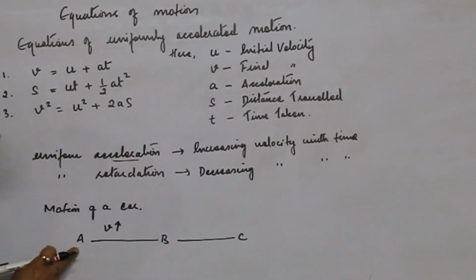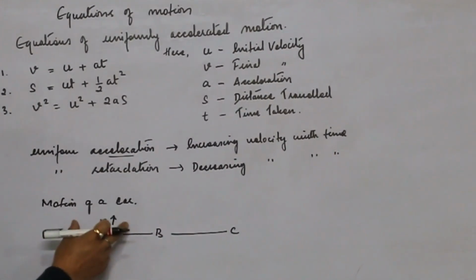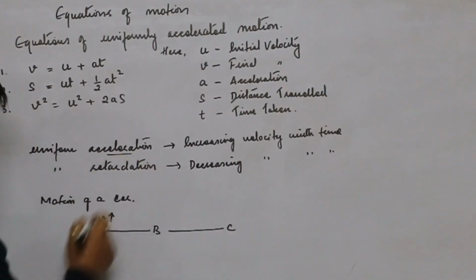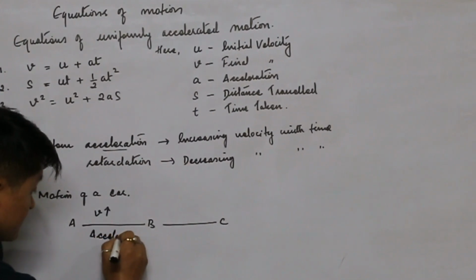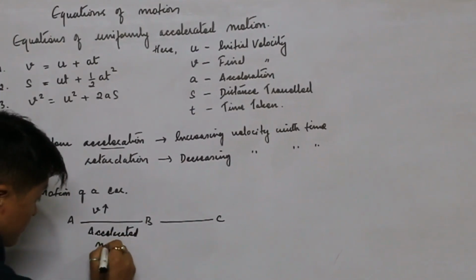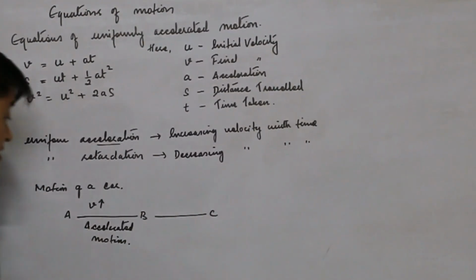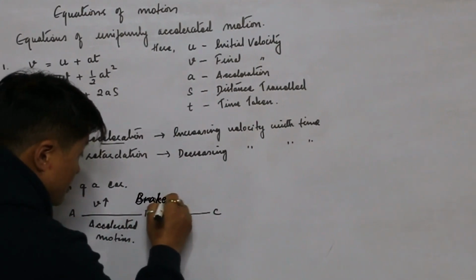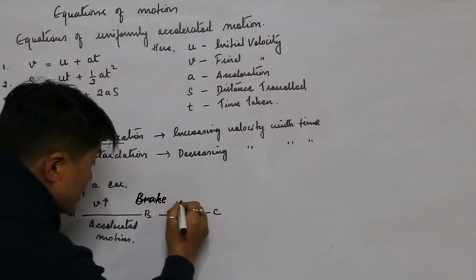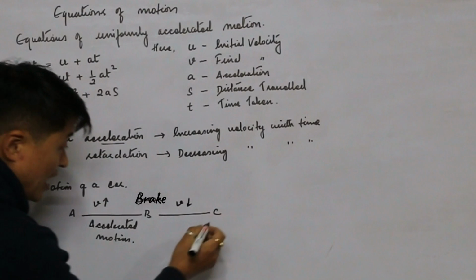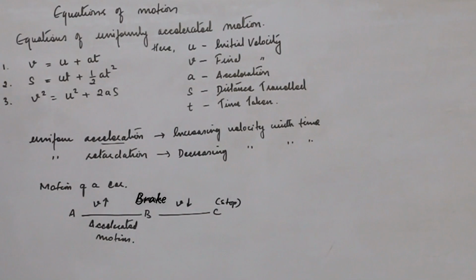The velocity of the car is increasing uniformly when it is moving from A to B. Then the motion of the car will be a uniformly accelerated motion. Okay, and when the car reaches the point B, it applies brake. When the car applies brake, the velocity of the car decreases uniformly, and after reaching point C, finally the car will stop.